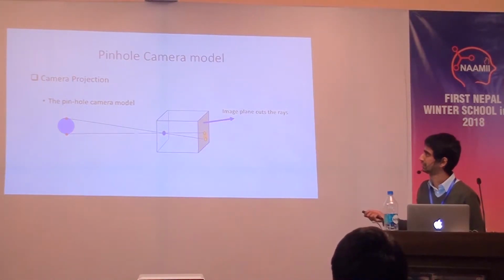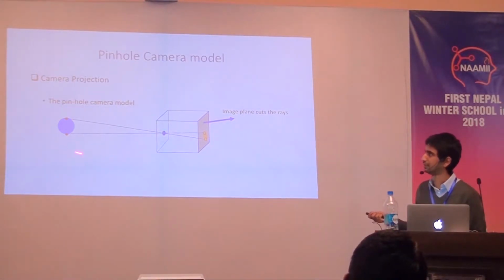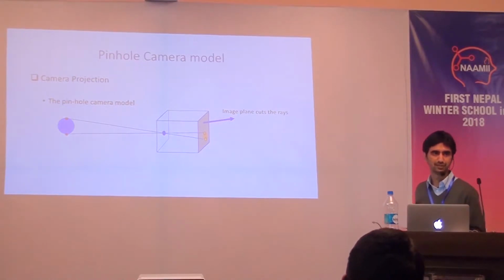So this is a very classical way to represent a camera, and it was actually a camera, a pinhole camera. I don't know if some of you have done this in physics. Did you create a camera with the pinhole model? Did anybody do it?